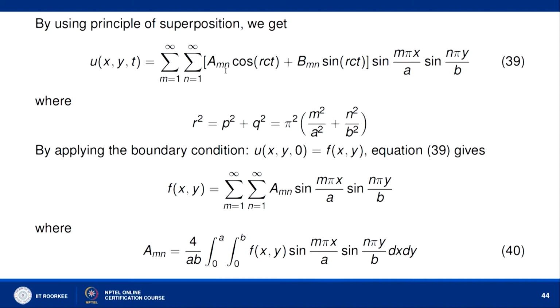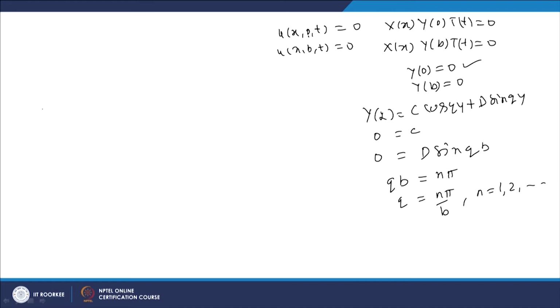So u(x, y, t) is given as B sin(m pi x by a), and for the y component you will get a constant D sin(n pi y by b), and the component corresponding to t.